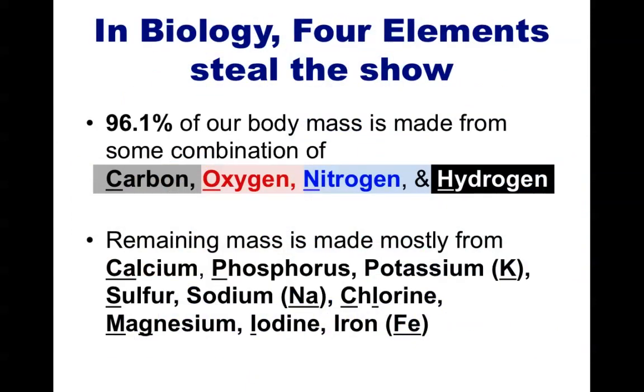In biology, we need to only worry about these details for a handful of atoms. In fact, the vast majority of our body mass is made of only 4 different elements: carbon, oxygen, nitrogen, and hydrogen. Knowing a few things about each of these elements will be very helpful if you continue to study organic chemistry or biochemistry.